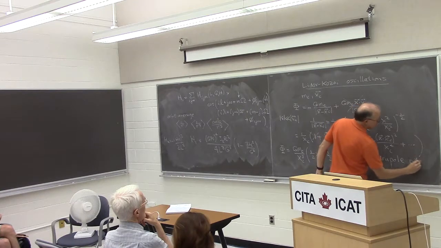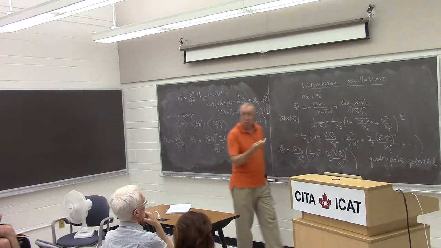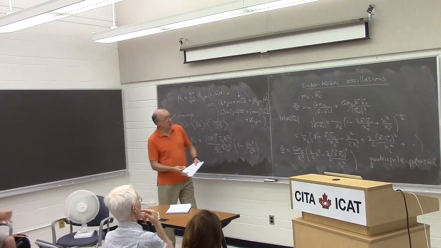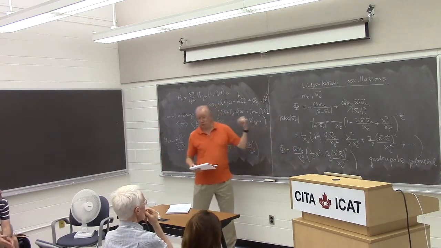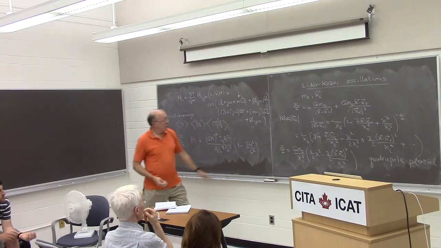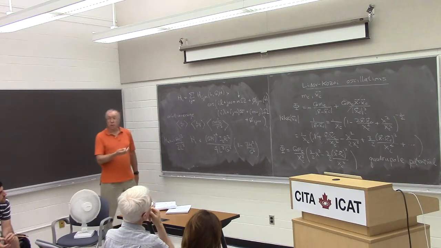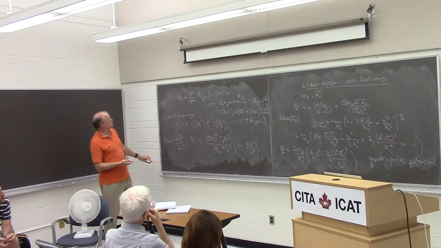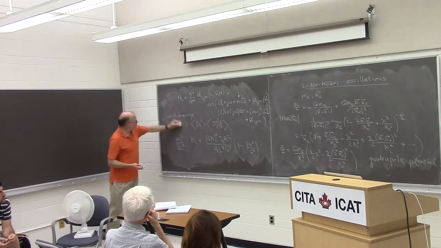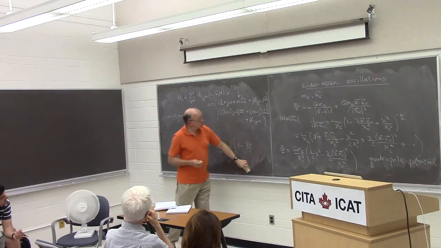It's different from the potential arising from the quadrupole moment of the Earth, because this is an external quadrupole and the other is an internal quadrupole. Okay, just as in the case of a satellite, the next thing to do is to orbit average. We even have the words right here. In this case, however, we've got two bodies.